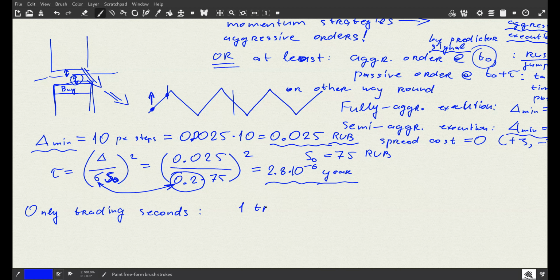One trading day is very roughly 50K trading seconds, not 86,400, 50,000 for one trading day. One year is again not 365 days. One trading year is 250 trading days in Russia.